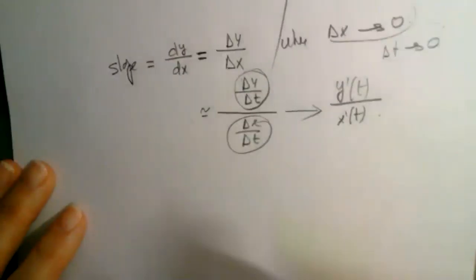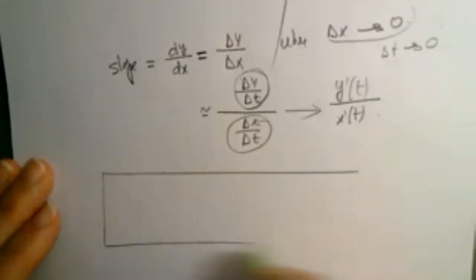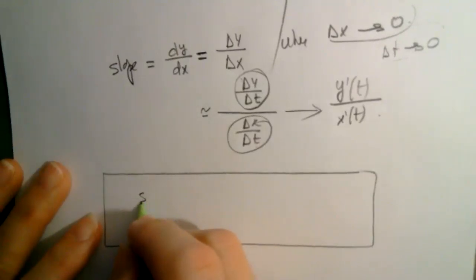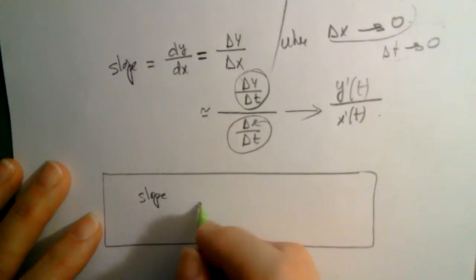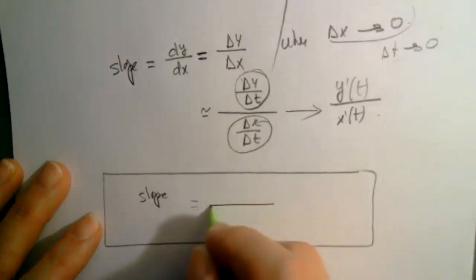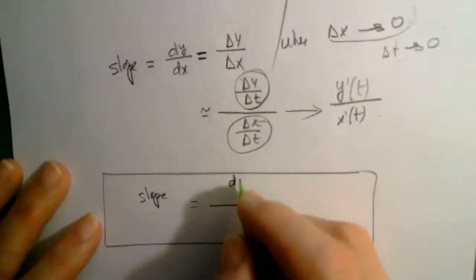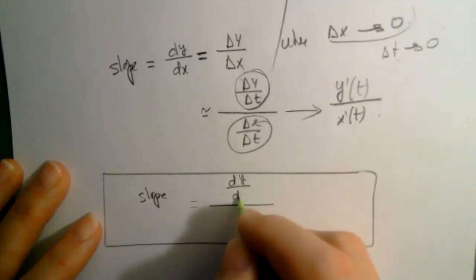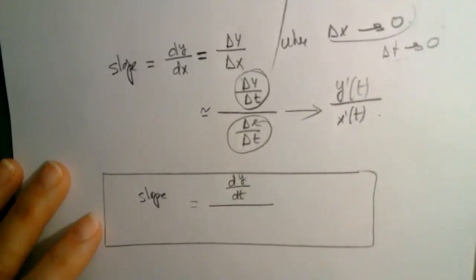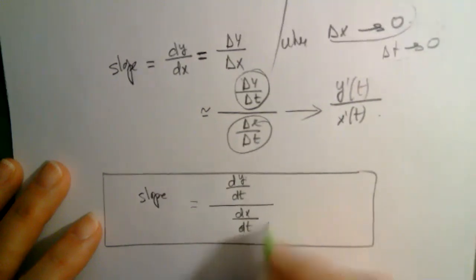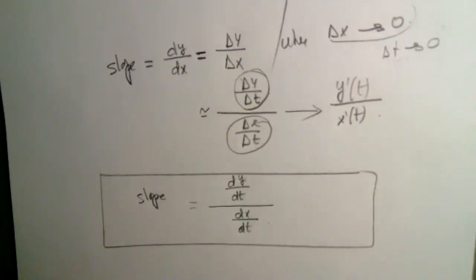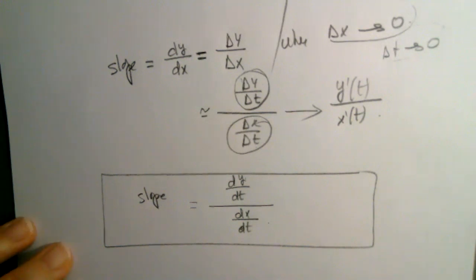So the slope of the tangent line, now you guys have all the notes clear. If x is given as a function of time, then the slope is going to become dy/dt, how y changes with respect to t, divided by dx/dt. So that will become the slope.